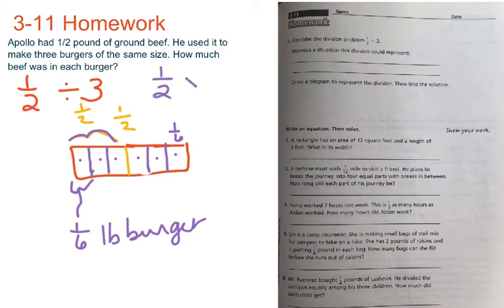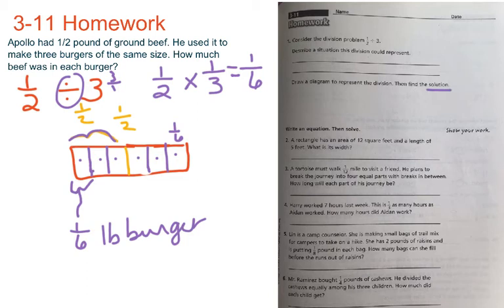I'm going to change my sign from division to multiplication, and then I'm going to flip. If I were to write 3 as a fraction, it's 3 over 1, so I'm going to flip it. Keep, change, flip. And then I have 1 times 1 is equal to 1, and 2 times 3 is equal to 6. And I can see that each person will have 1/6 a pound of burger. And that would be the solution piece.